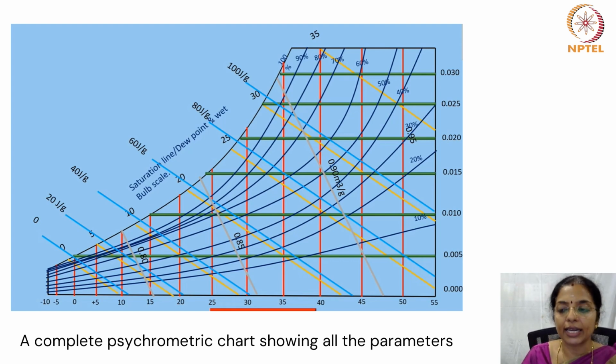I am explaining the chart and its components because when I teach you a simple tool to understand climate and arrive at passive strategies for a particular climate type, you will have to deal with a psychrometric chart. It's a standard which is already given, and I am just explaining its components.